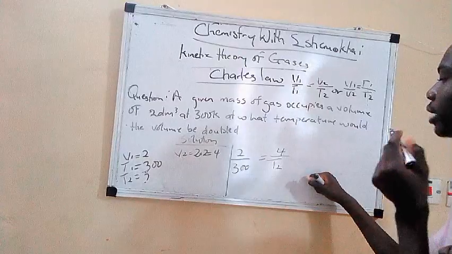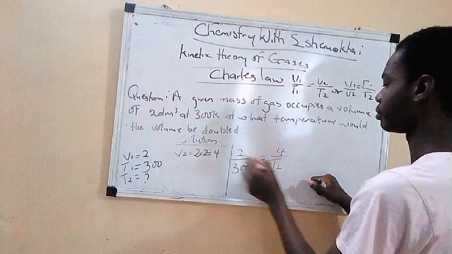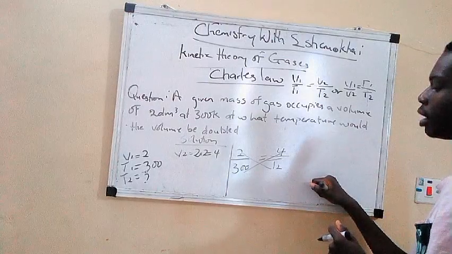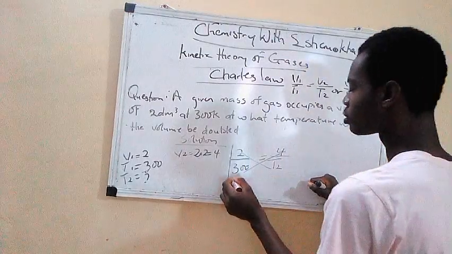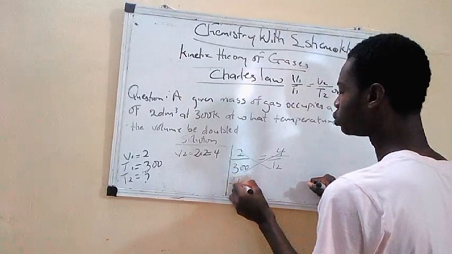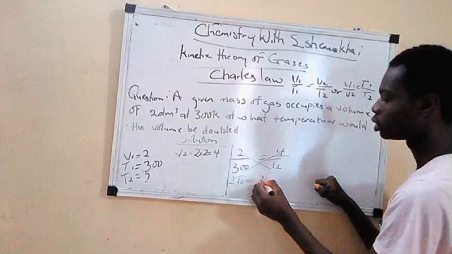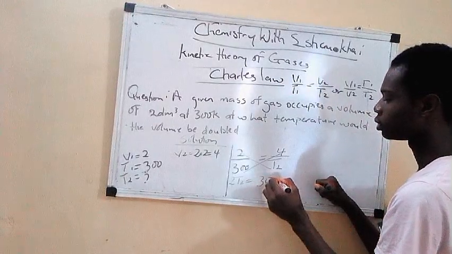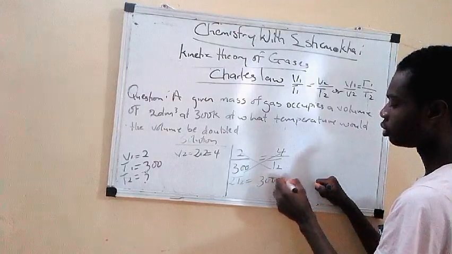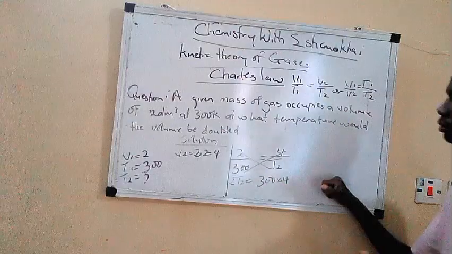We are looking for T2, right? Let's cross multiply. Are you getting me now? It should now be 2T2 equals 300 times 4.